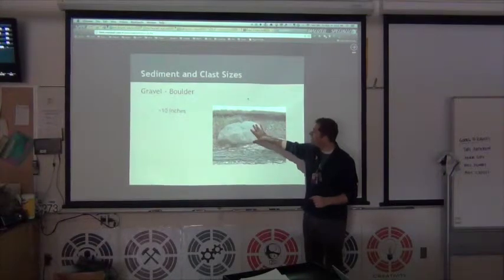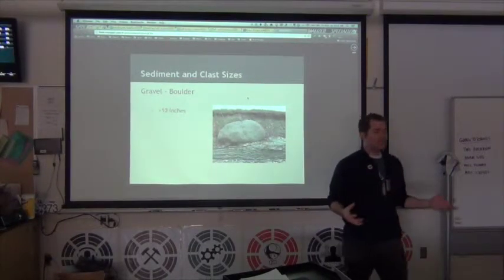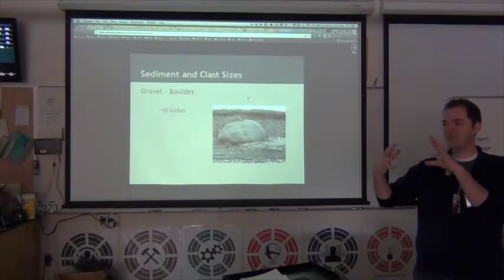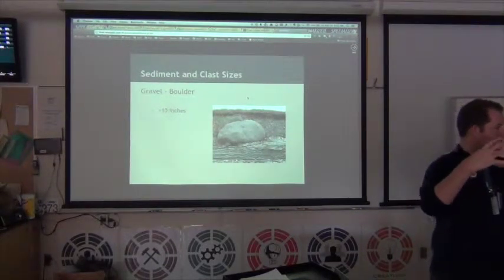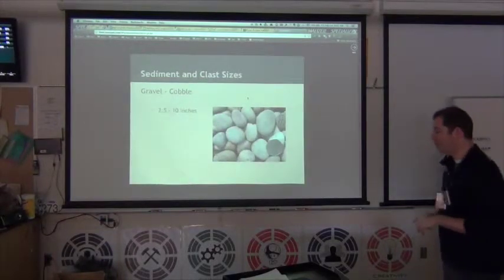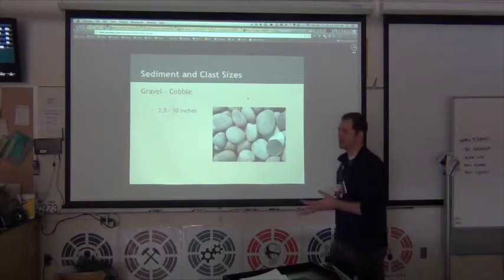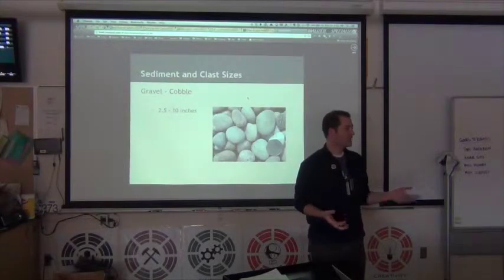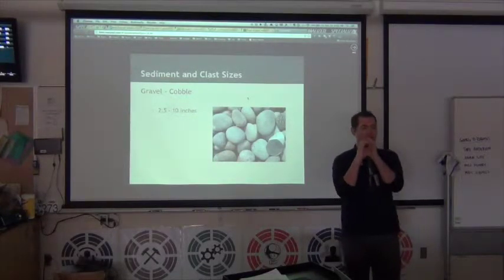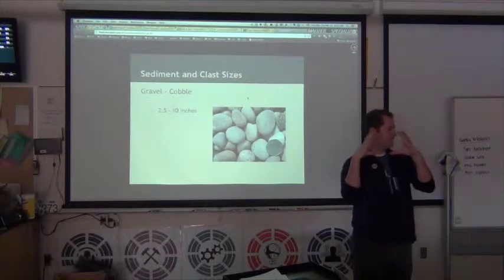Okay, so this is a boulder. Anything bigger than 10 inches is considered a boulder. So anything bigger than about this, we would call a boulder. Next we have gravel to cobbles. You've probably heard of cobblestone, and I know that you've heard of gravel. That's anything from 2.5 inches, which is about this big, up to 10 inches.